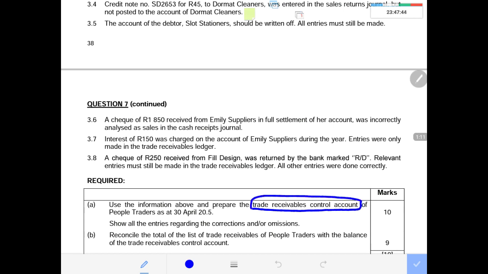This is very important because this is what we are required to do. Then after, we are to show all the entries regarding the correction and or the omissions. Number B, we are to reconcile the total of the list of trade receivables.